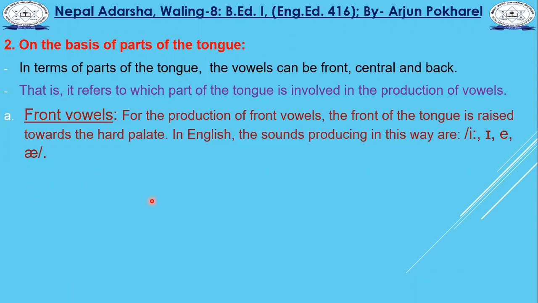For the production of front vowels, the front part of the tongue is involved. First of all, we have the tip of the tongue, then the blade of the tongue, then the front of the tongue, and then the back of the tongue. Before the back part of the tongue, there is always the front part. You have to remember that. Front part of the tongue does not mean the tip of the tongue; the tip is different.